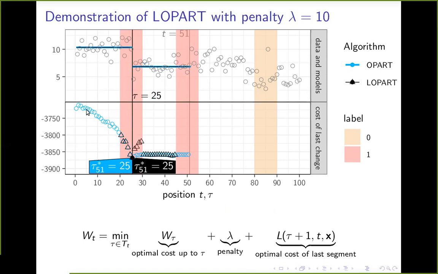Anyway, going on, we see that both of the algorithms take a minimum cost at this tau star 51 equals 25. So if we're computing the best model up to data point number 51, after looking at all of the different possibilities, the lowest cost possibility is this one, where the change point is right smack in the middle of that previous one labeled region.